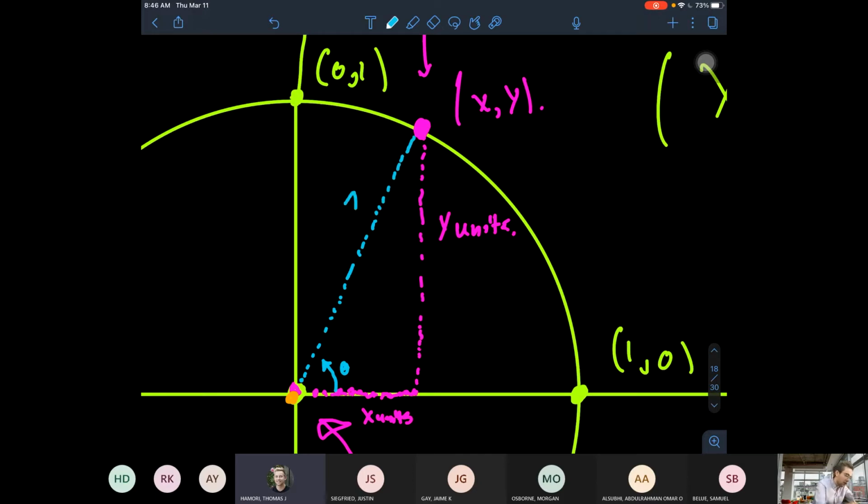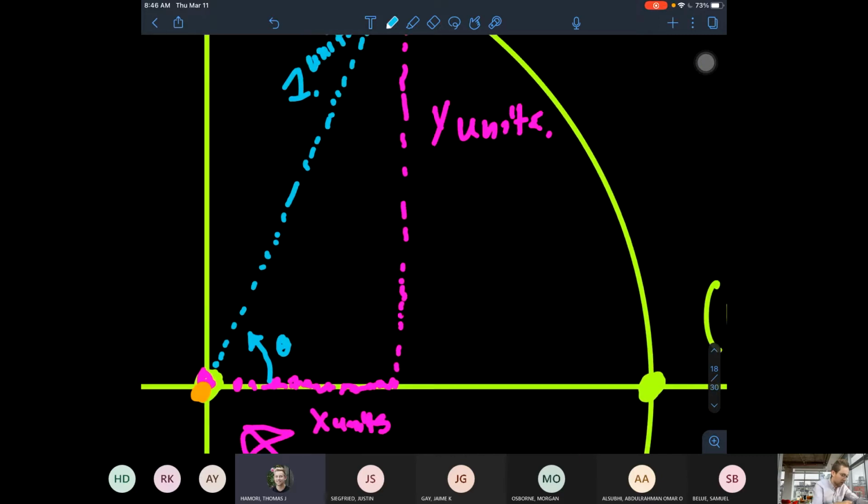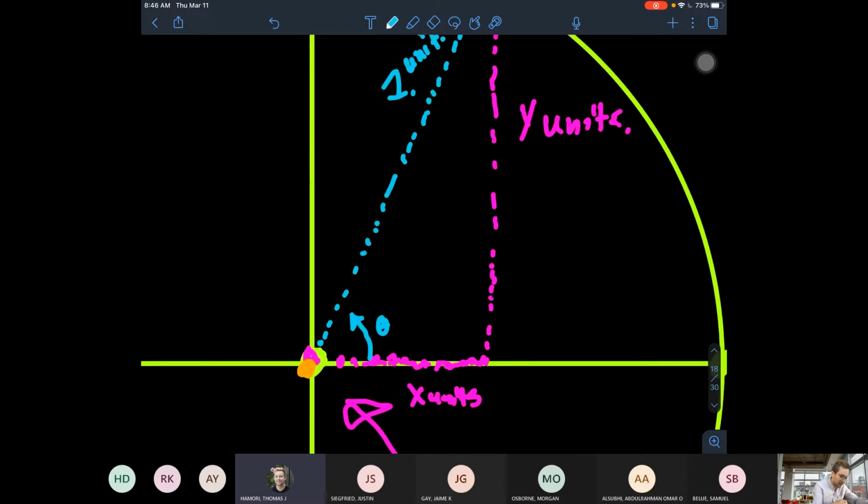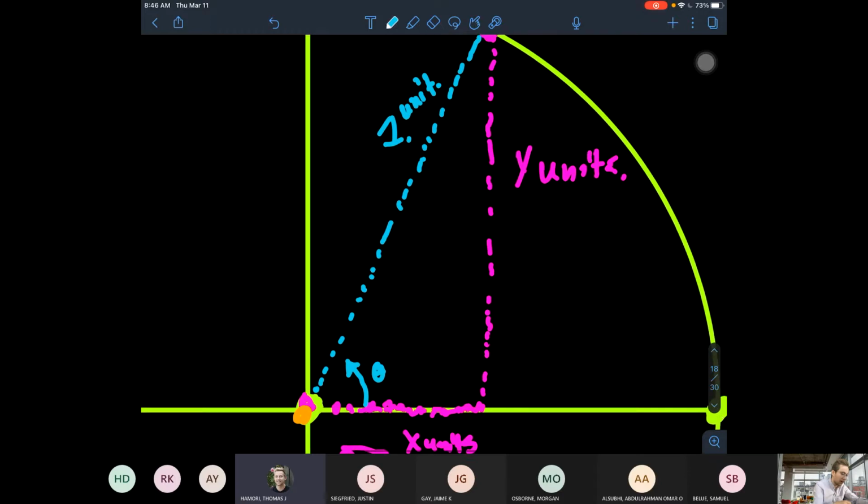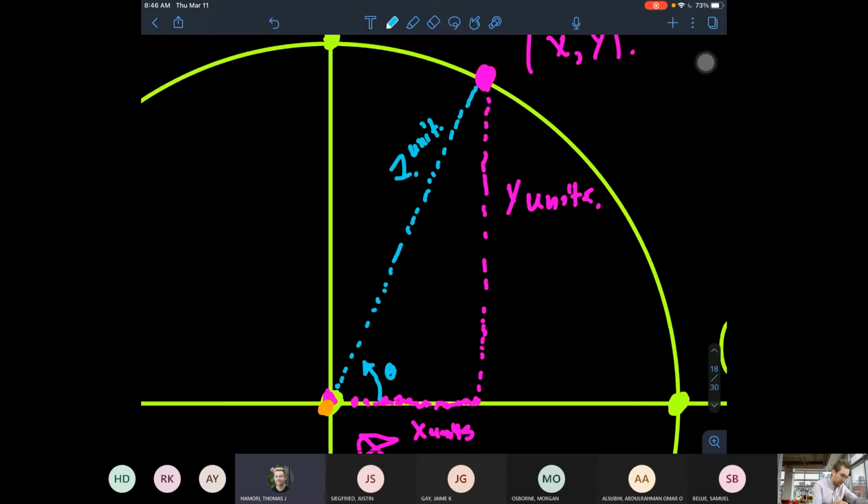And I'm going to walk 1 unit to get to where I want to be. So rather than walking right and then up, I'm going to walk diagonally. I'm going to start facing in this direction. So I start by first changing the direction that I'm looking, and then I walk straight in that direction for the entirety of my trip.